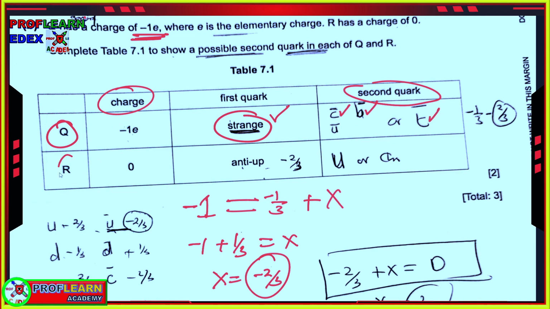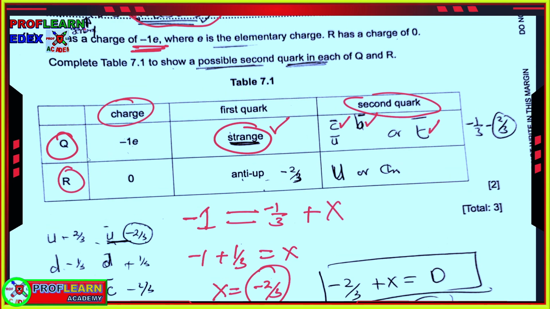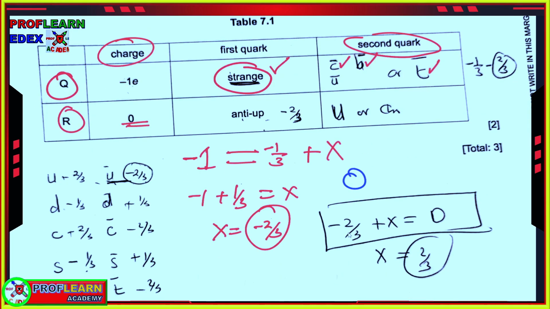So there is another one, R, which has a charge 0. In order to find this one, we say 0 is equal to what? Because this is an anti-up, and an anti-up has -2/3.